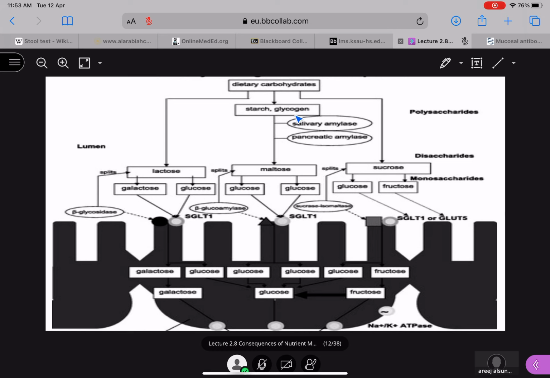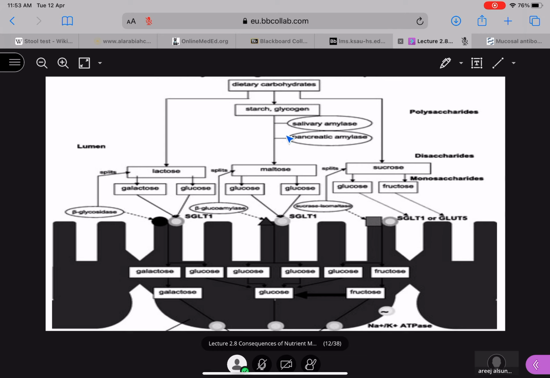If we eat a polysaccharide, if we eat starch, if we eat fiber, then the digestion process is more complex, and this is where we need the help of pancreatic enzyme amylase. This process actually starts from the mouth by the salivary amylase. But again, the same as we said with fat, the food stays only a few minutes in the mouth, so only 5% of the digestion happens in the mouth.